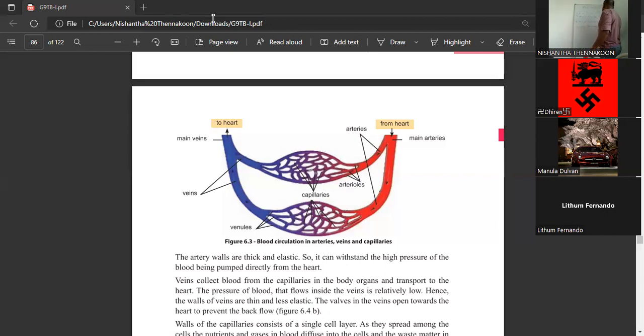Capillaries have no valves. And for arteries, you can write blood flows under pressure. To withstand this pressure only, these walls have become thick and elastic.